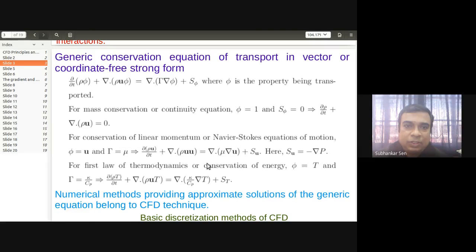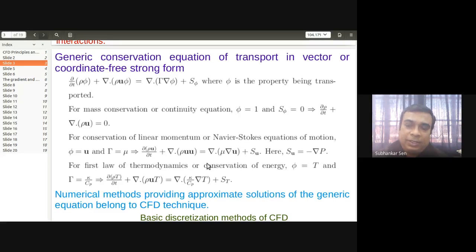This is the divergence operator. Okay. This is the divergence operator del dot. So divergence of rho u, boldface, into 1. So divergence of rho u. So if you see here, del rho del t plus divergence of rho u equals to 0. And if you remember, this is the continuity equation in the strong conservative form.